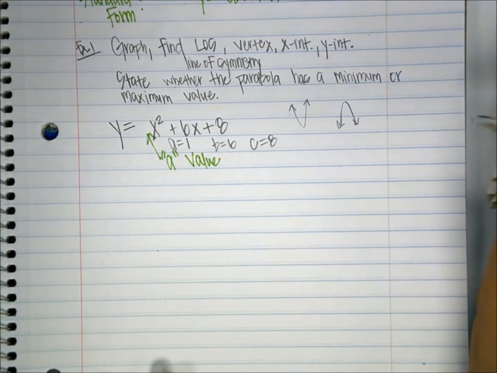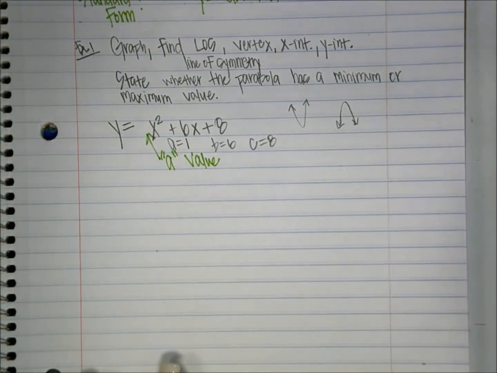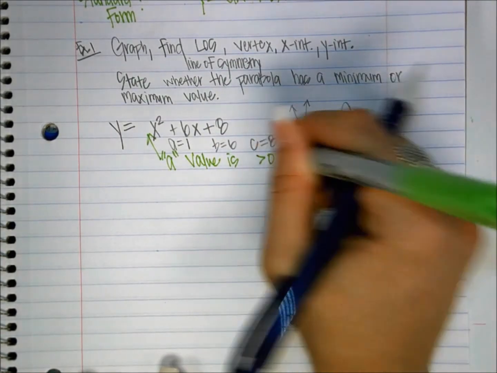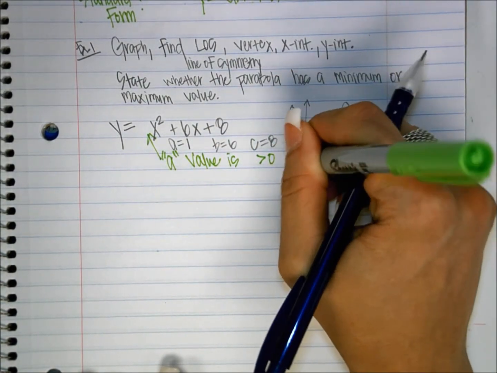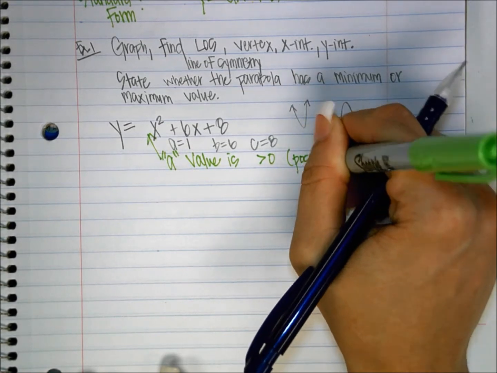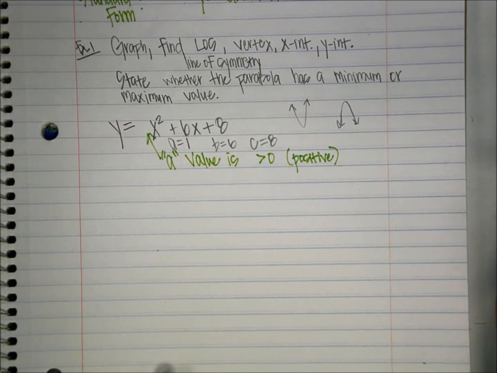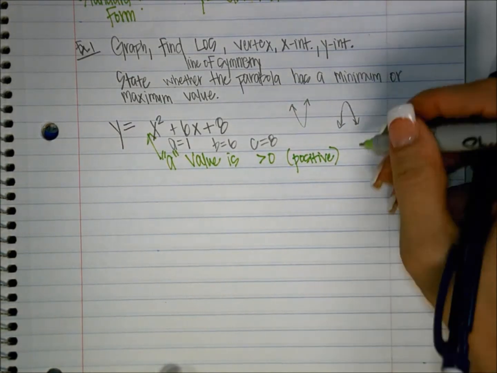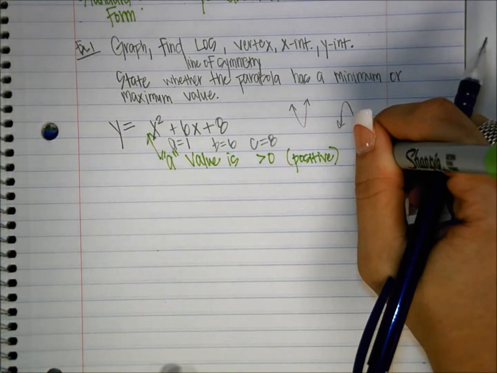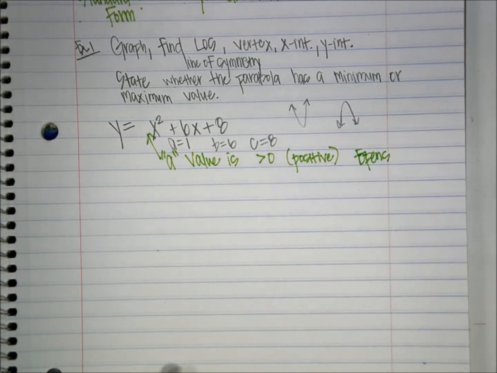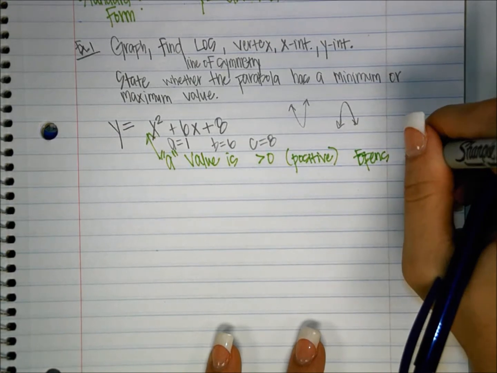Okay, and we're going to use those in just a minute. But if the a value is greater than 0, okay, so basically means positive, so anything greater than 0, it can be a fraction, okay, but if your a value is greater than 0, meaning positive, it faces or opens up. Okay, if a value is positive, parabola opens up.